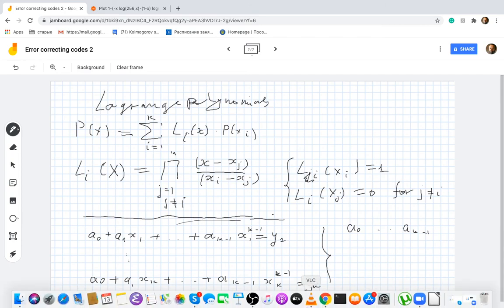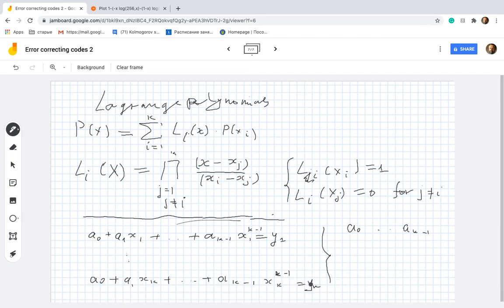So these are indeed linear equations, and the determinant of that system of linear equations is non-zero. This is the well-known Vandermonde determinant. And so the system has a unique solution, and to find that solution we can use, for example, the method of Gaussian elimination, and it's very fast.